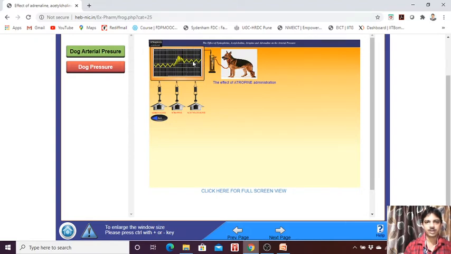Clear? You can find the response. So okay, wash out. Next we'll see the acetylcholine. So give the acetylcholine. See.